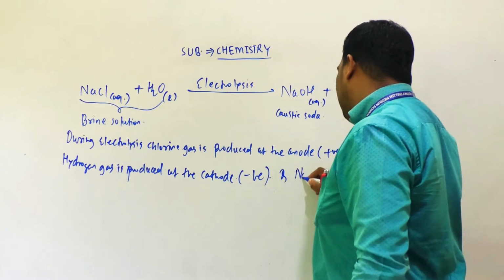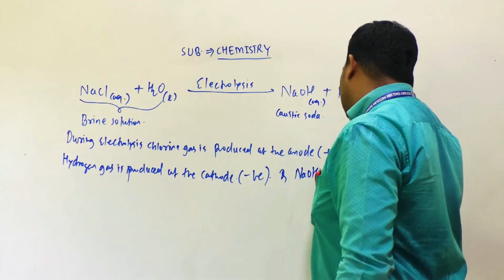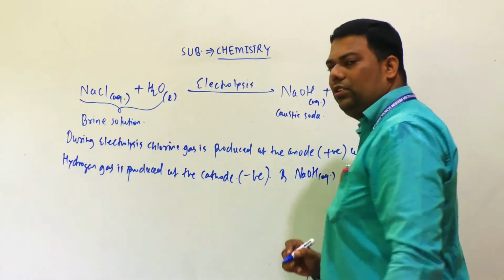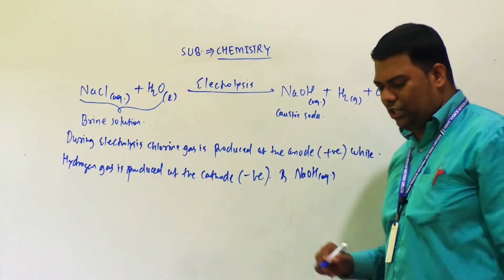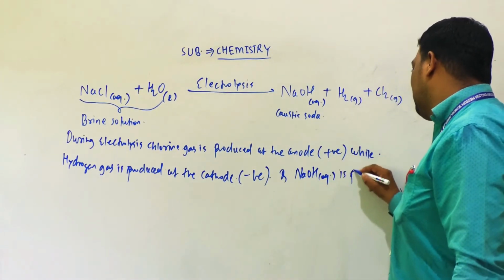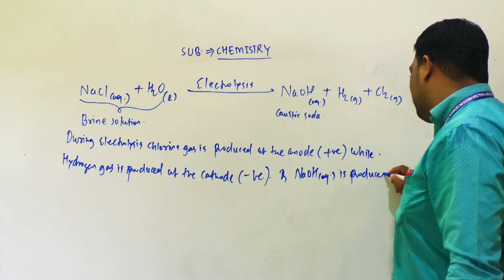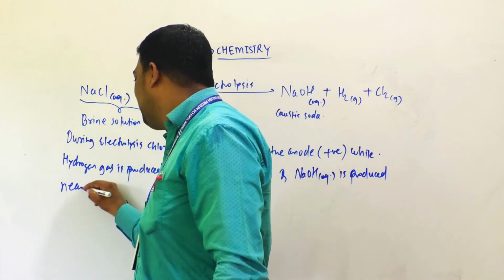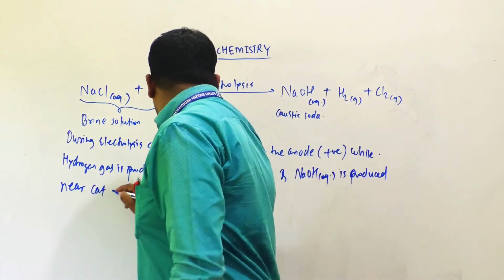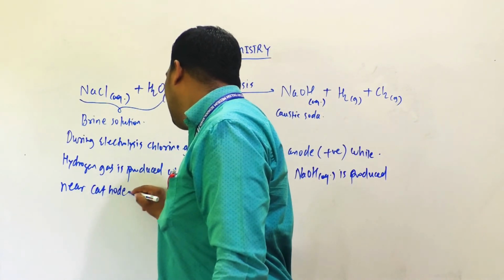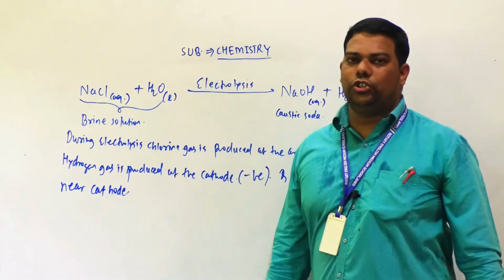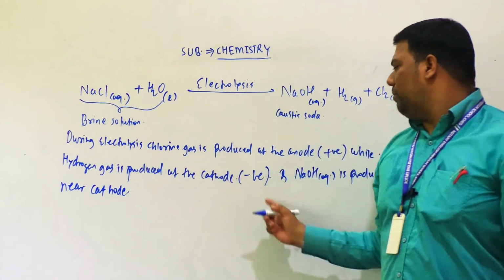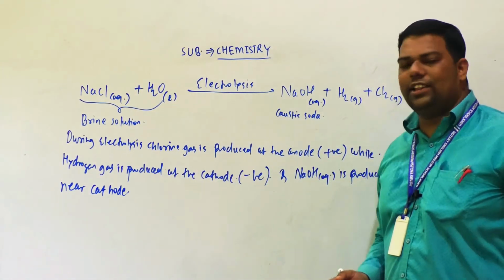Sodium hydroxide, that is NaOH aqueous solution, is produced near where, beta? Near the cathode.